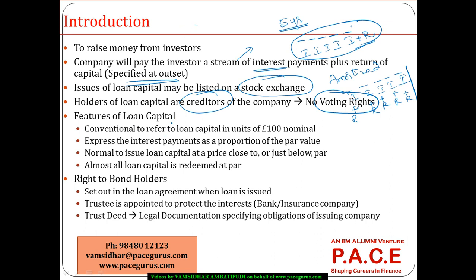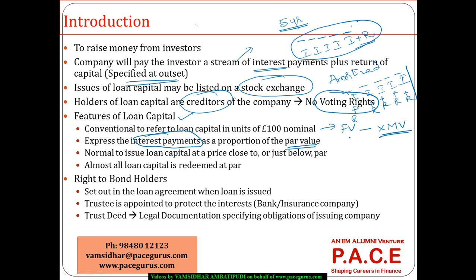And a few important things. Whenever I am looking at a conventional loan, here we always look at an interest payment which is generally established as a proportion of the par value. Par value is nothing but the face value, which is not necessarily the same as the market value.